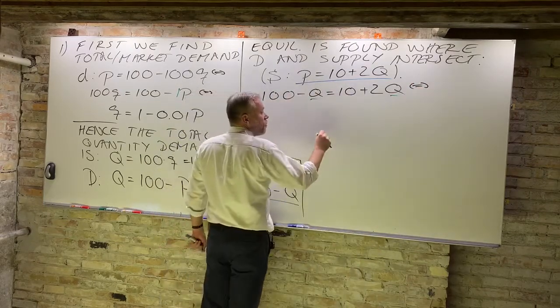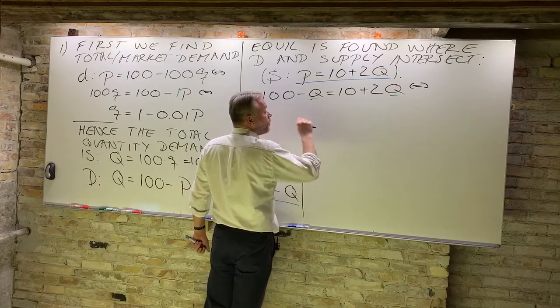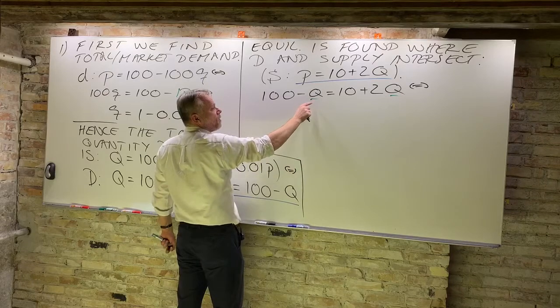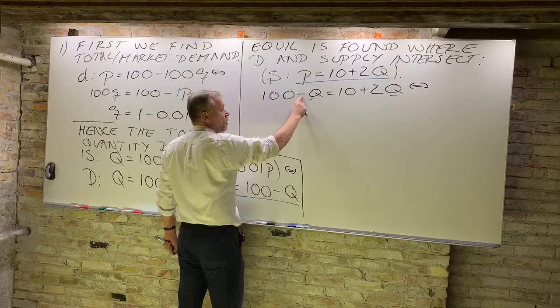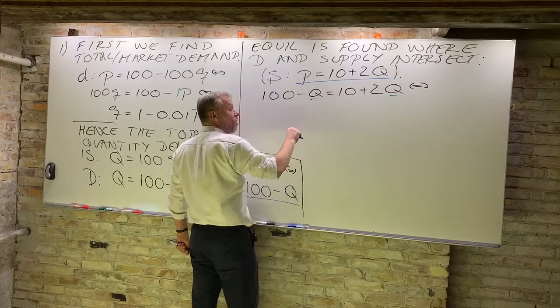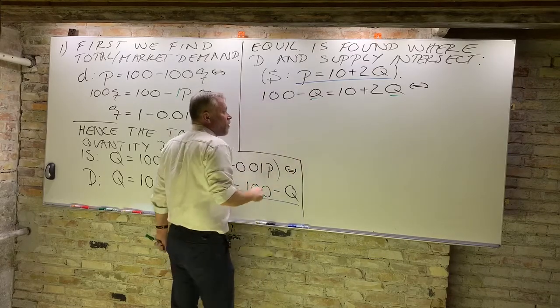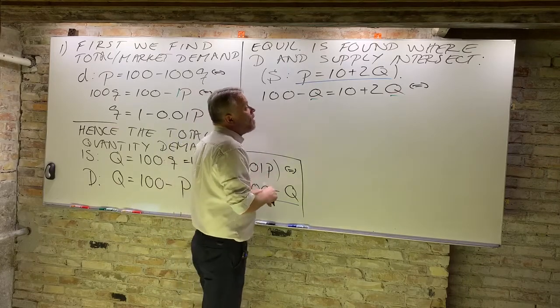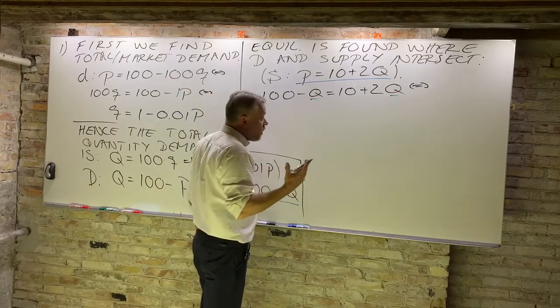The first thing we do is we move terms. Remember, terms are something with minus or plus in between. We move terms from one side of the equality to the other. And when doing that, what we want is only numbers on one side and only terms involving the unknown on the other side.